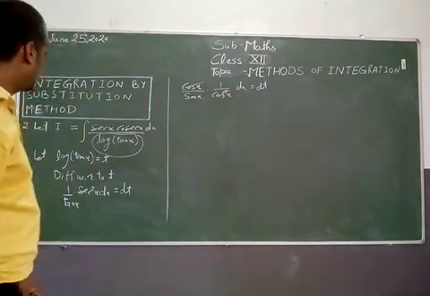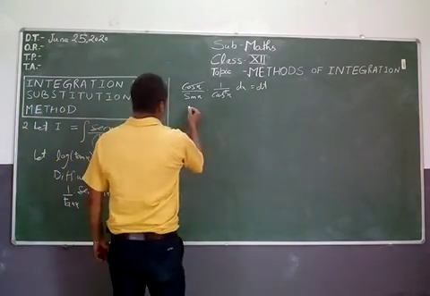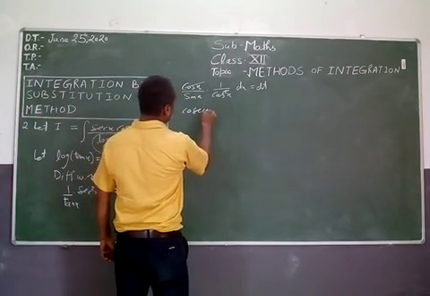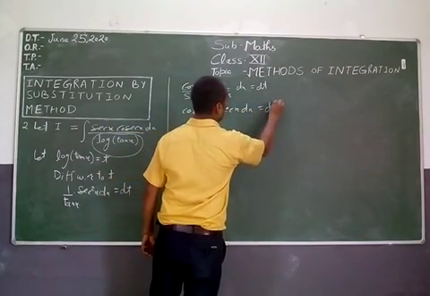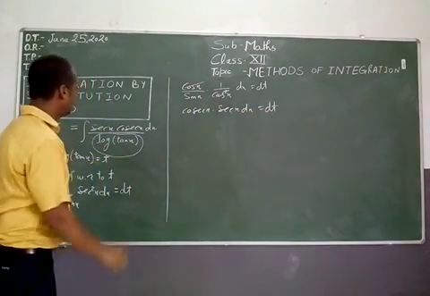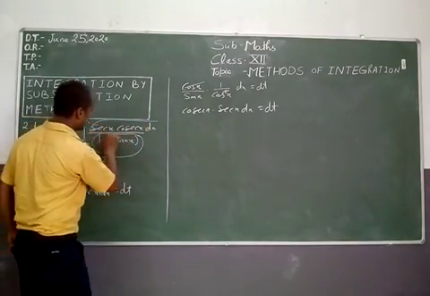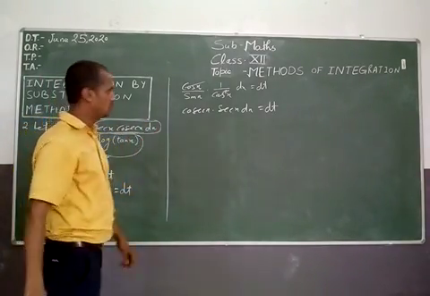After simplification we have cosec x into sec x dx equal to dt.